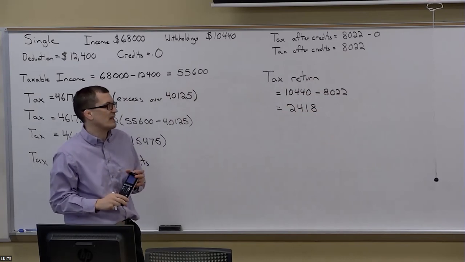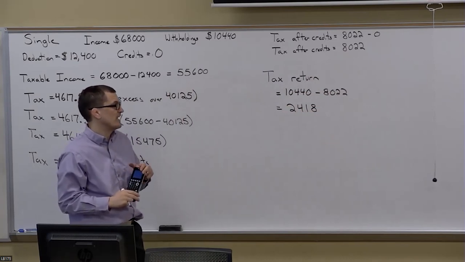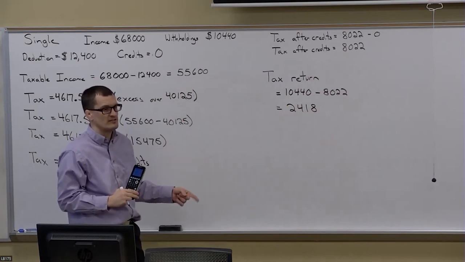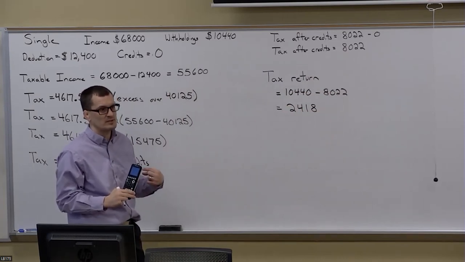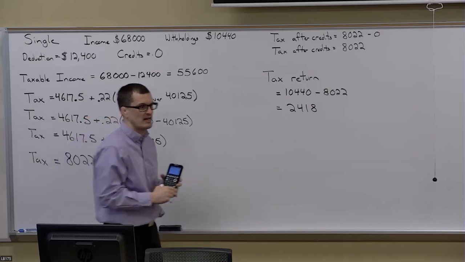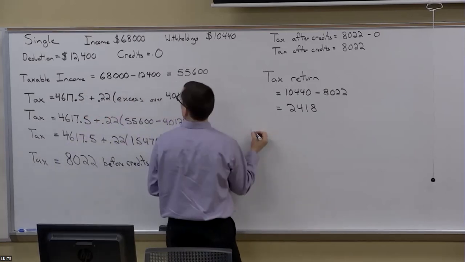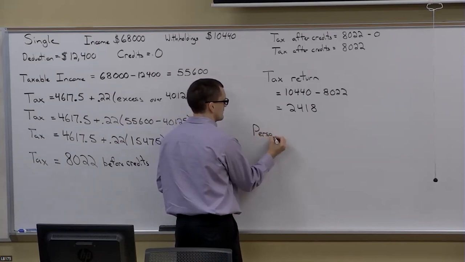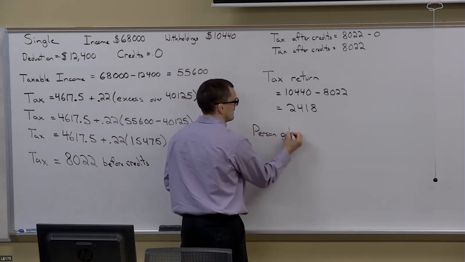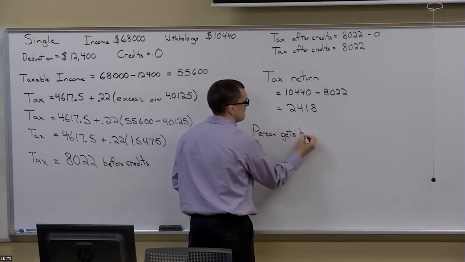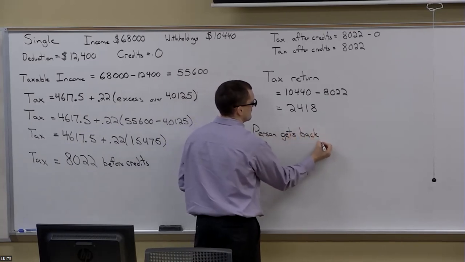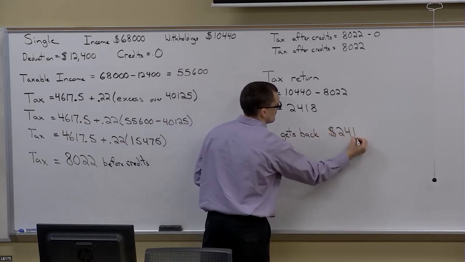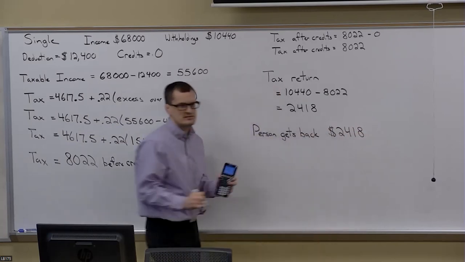Now, does that mean that they are going to pay in an extra $2,418 to the government, or do they get it back from the government? They get it back this time, all right? This person gets back from the government $2,418.